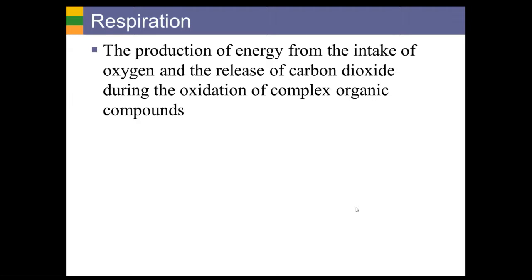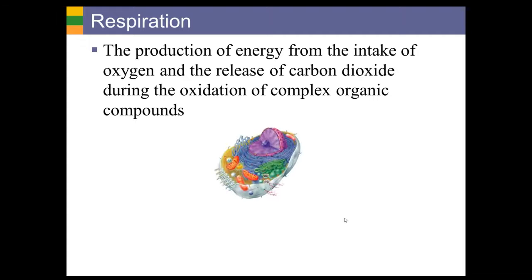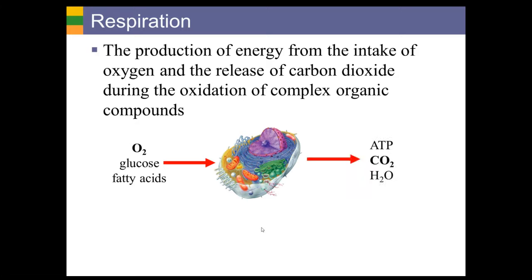Basically taking oxygen and slowly oxidizing or burning, if you will, organic compounds such as glucose or fatty acids. That's literally what occurs in our bodies to produce energy, right? So cells use oxygen to oxidize organic compounds like glucose and fatty acids to produce energy in the form of ATP.